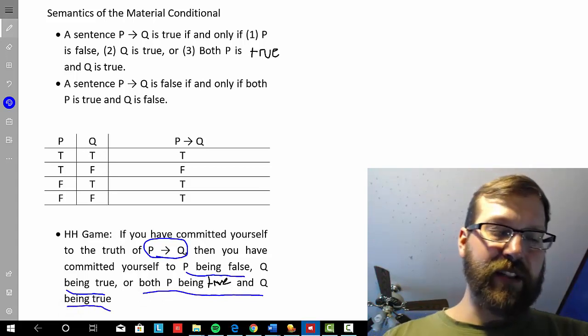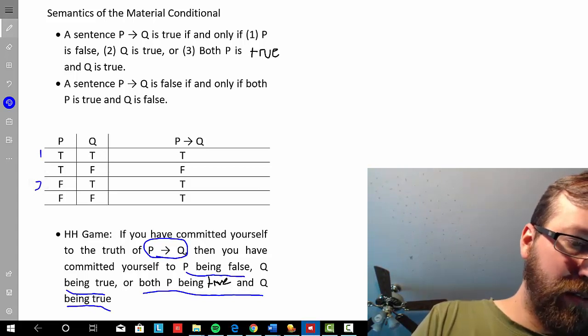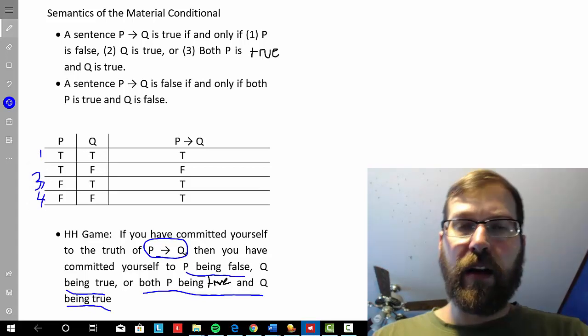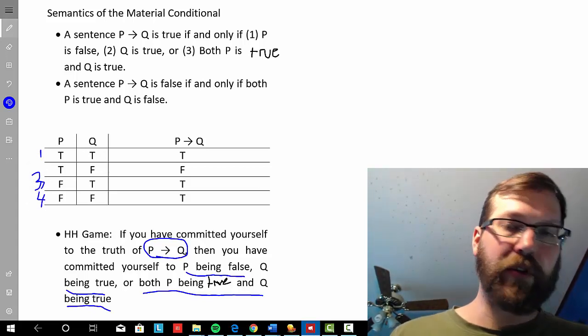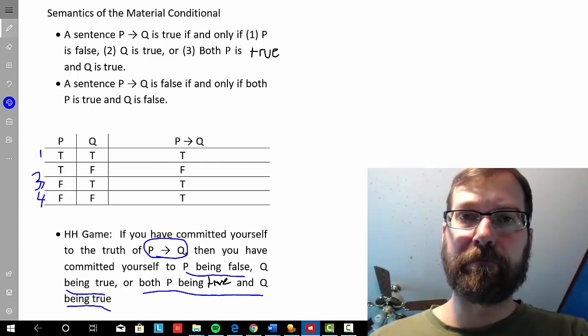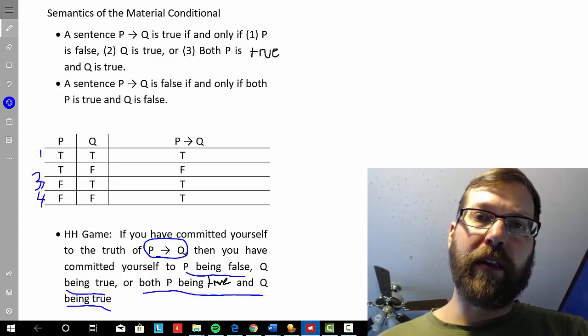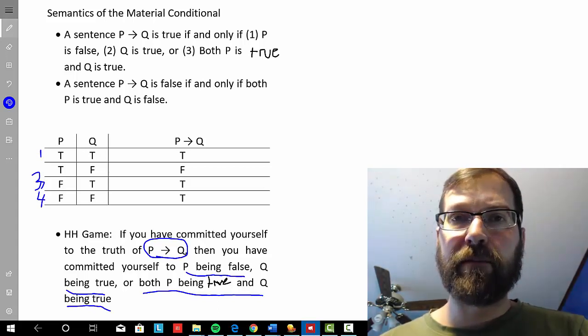And you can notice that that is just lining up with those 3 situations. The first situation, the third situation, and the fourth situation on the truth table. Alright, let's try playing the Hintikka game with a couple of material conditionals to see how it works out.